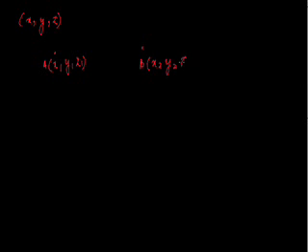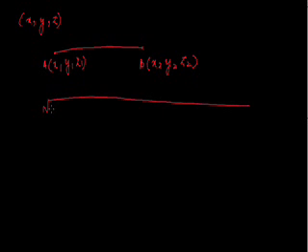Now we have 3 coordinates, that is x, y, z. Suppose we have a point A having coordinates x1, y1, z1, and a point B having coordinates x2, y2, z2, and I want to find the distance between the points A and B. I will follow the same distance formula, but it will be expanded to 3 dimensions.